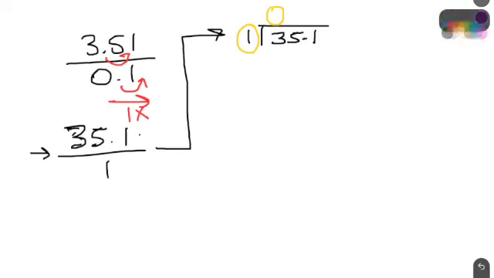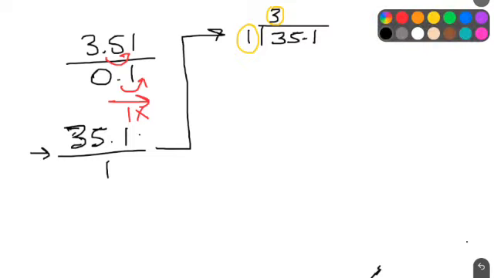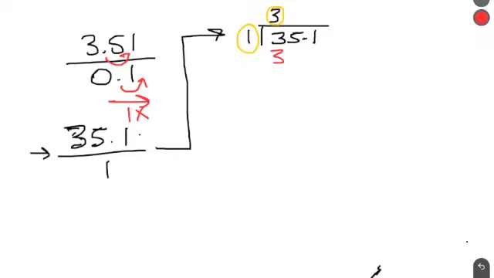So 1 times 3 is equal to 3. And then we put a minus sign, and then we proceed. 3 minus 3 equals 0. And as a next step, we bring down the 5.